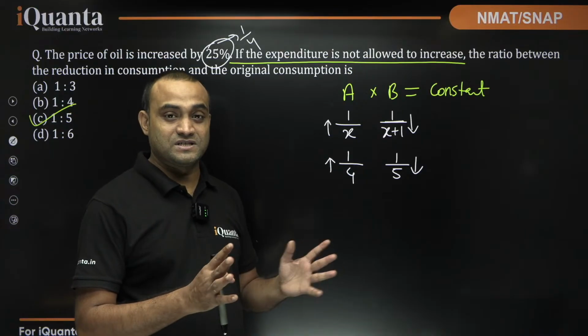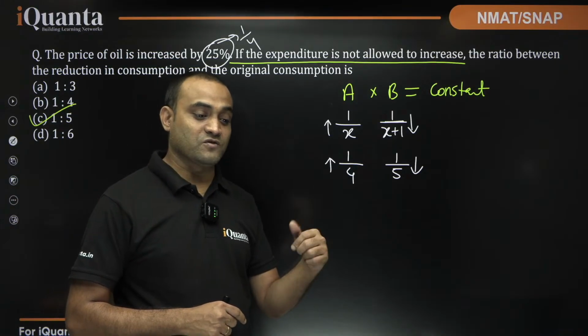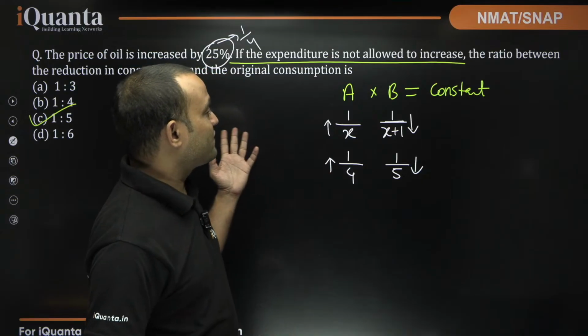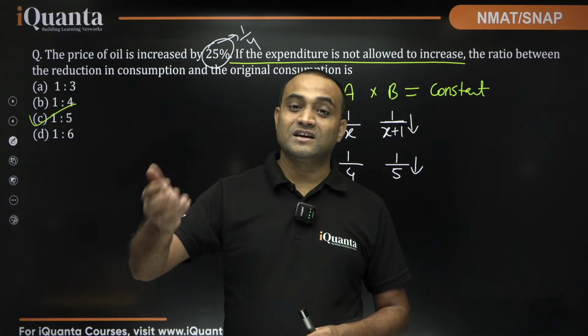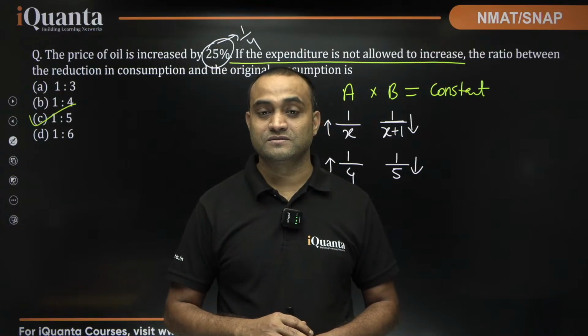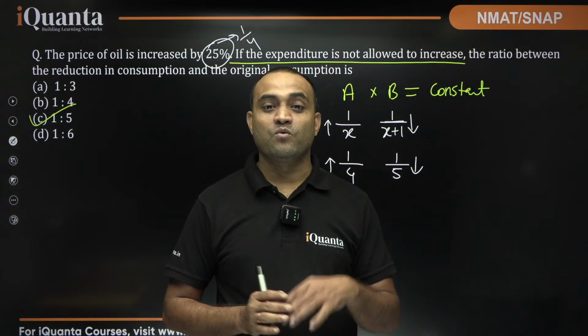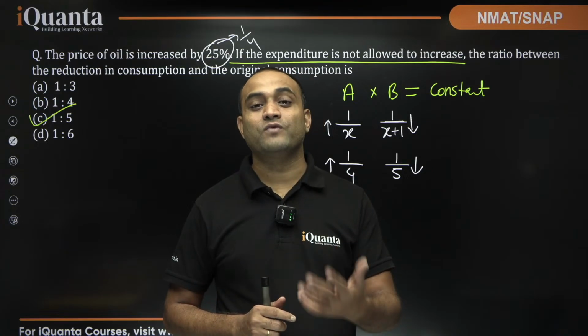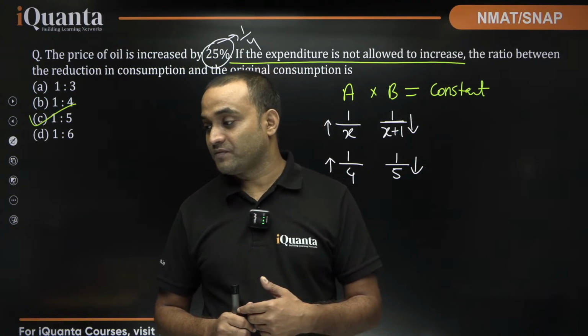What is the difference? What is the previous and what is the new? So, if one value is increased by 25%, the other value should be decreased by 20%. What is 20%? 1 by 5, right. So, 1 should be decreased out of 5.